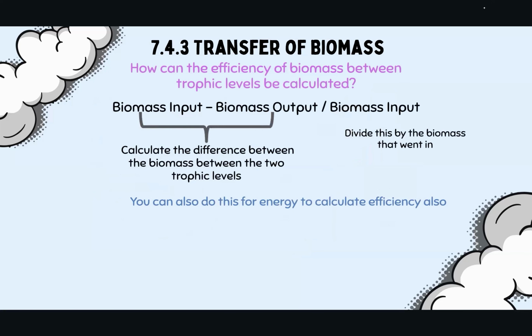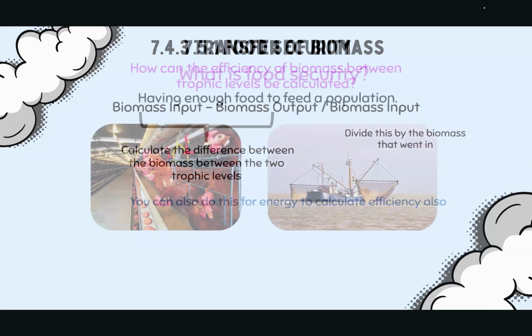So how can the efficiency of biomass between trophic levels be calculated? You calculate the difference between the biomass of two trophic levels and divide it by the biomass input. You can do this for energy to calculate the efficiency too.